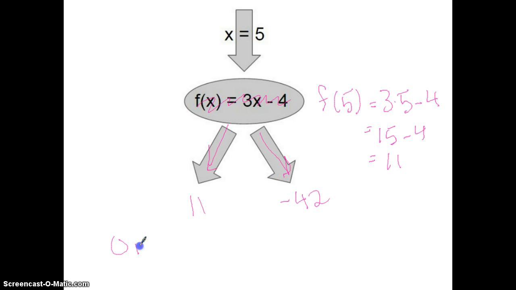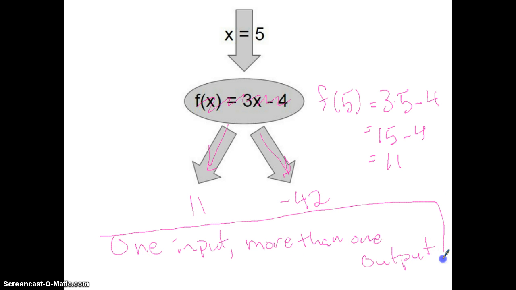So that's one input, more than one output. Okay, so this is a bad situation. It seems obvious if I took any x that I replaced here, it has to be equal to one particular thing.